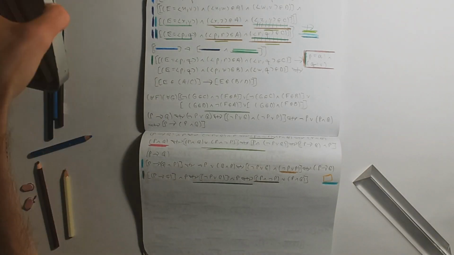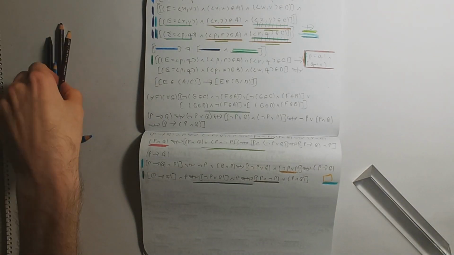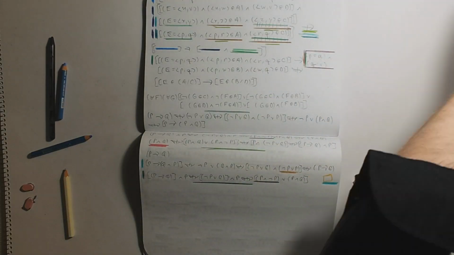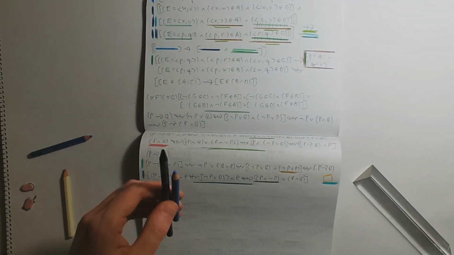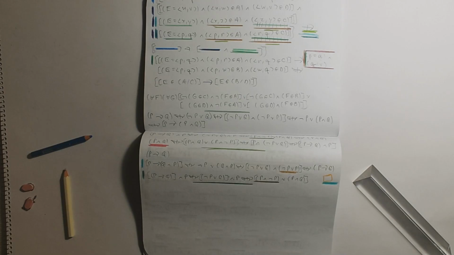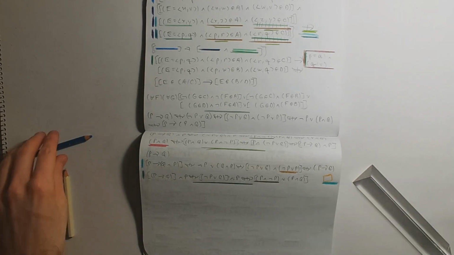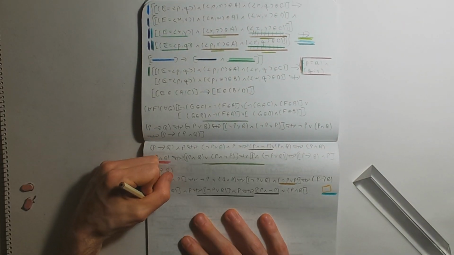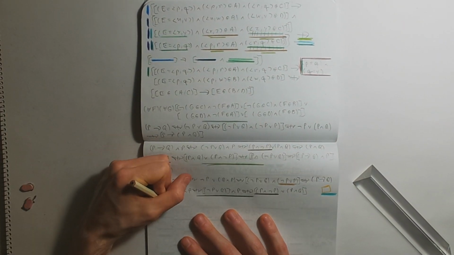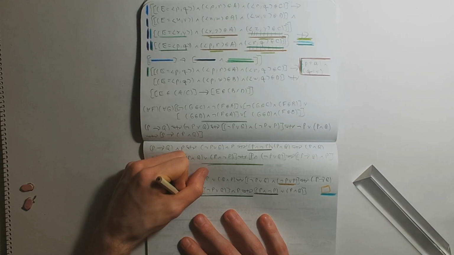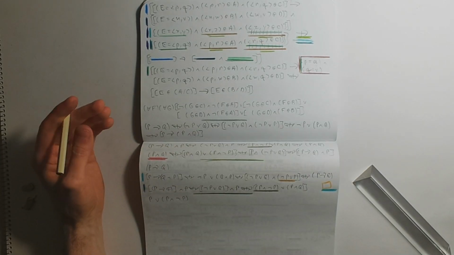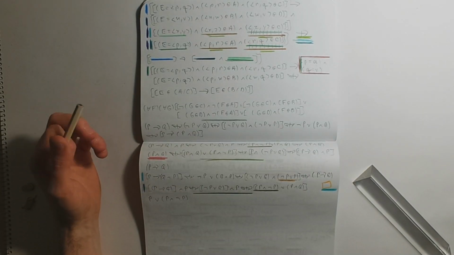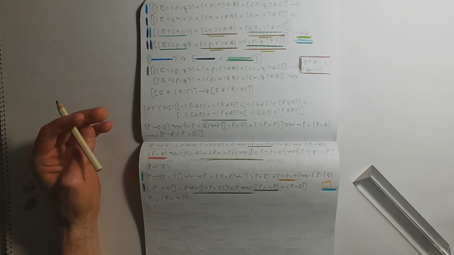Actually, black could go in either. Okay. Alright. So if I have P or P and not P, why do I want that?